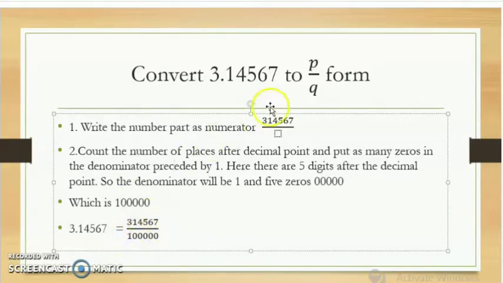First we write the number part as the numerator, then we put a 1, and we count how many digits there are after the decimal point: 1 2 3 4 5. So we put 5 zeros. So we can convert a decimal number to its rational form, or p by q form.